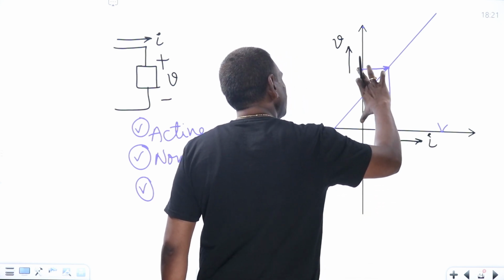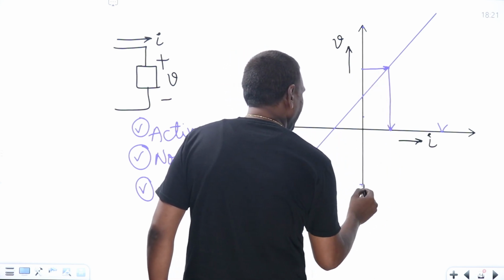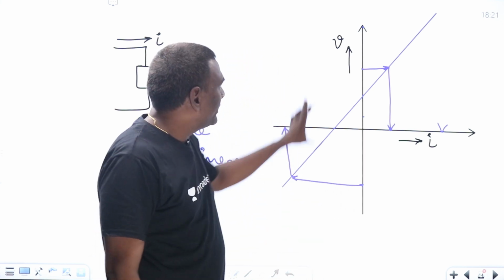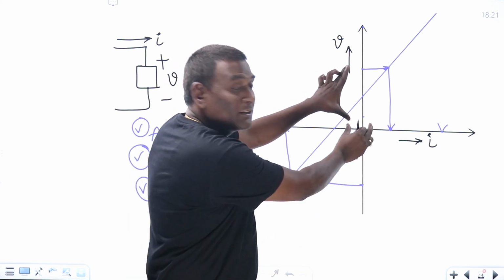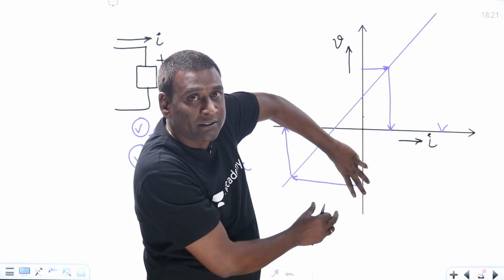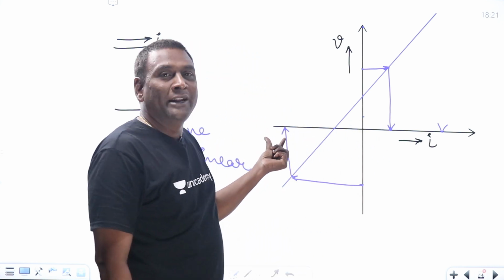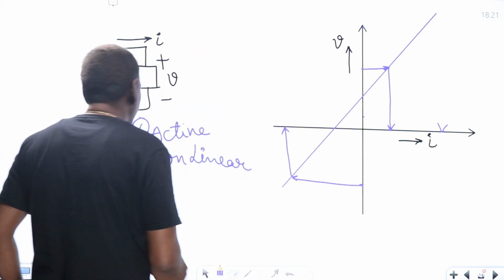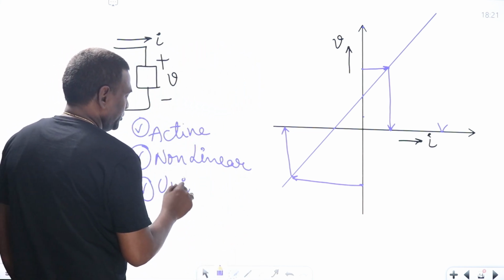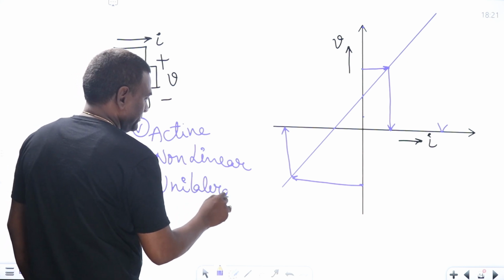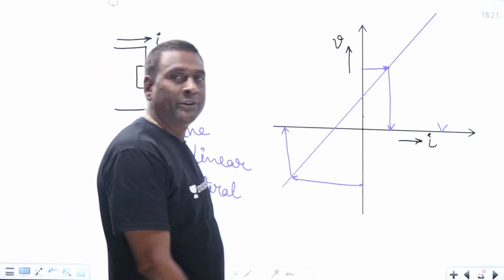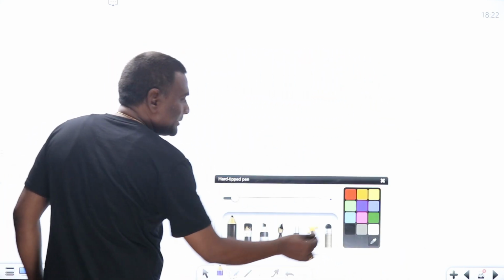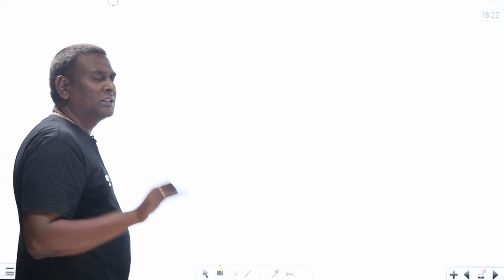If I negate the voltage, current is going to be negated, but not with the same magnitude, right? So it is going to be unilateral. Now let us think of one more. I'm not drawing that particular circuit every time. Passive sign convention is assumed.